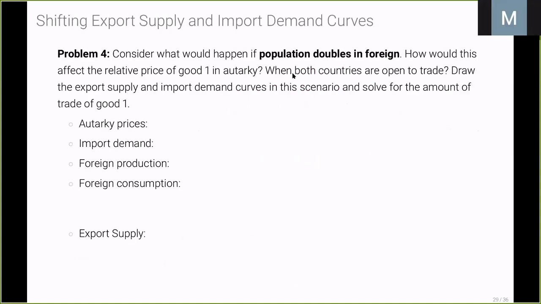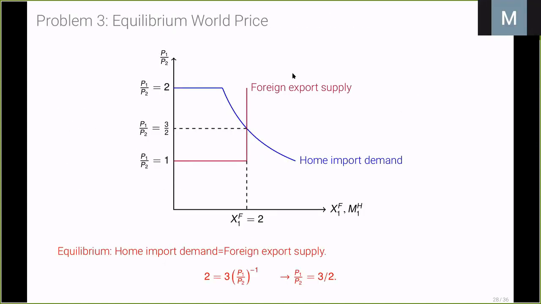Oh, hi, I have a quick question. Yeah, so in the lecture, we have a similar graph, but for foreign export supply. I think we have a symmetrical one as the home import demand. It seems like it's not a vertical line. Oh, in the textbook?